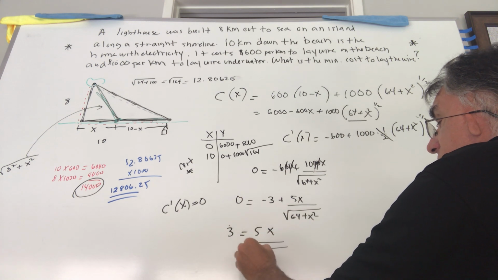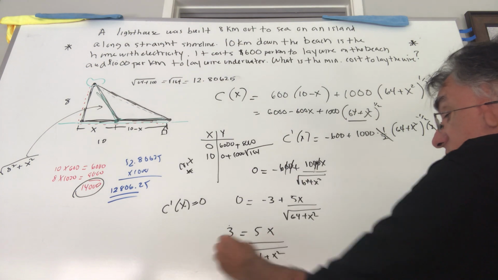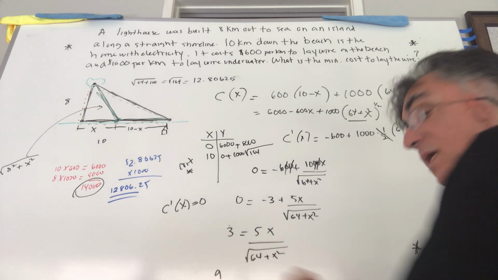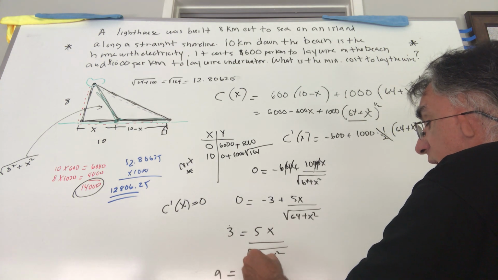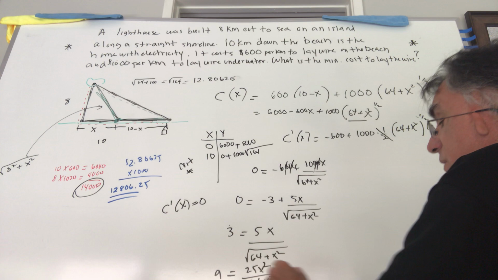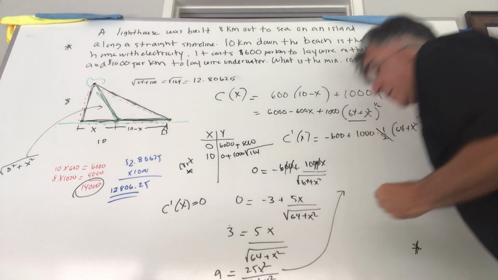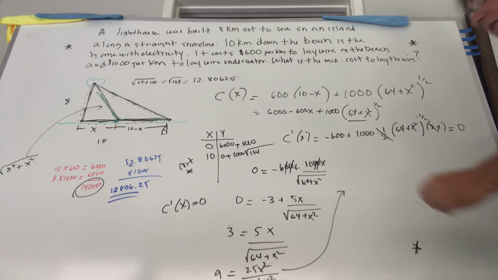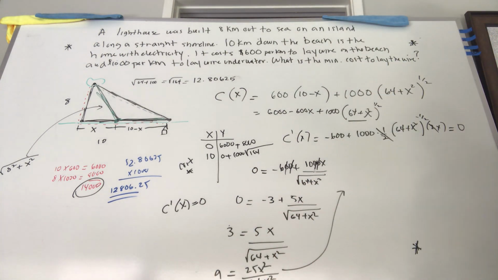Square root of 64 plus x squared. Now the trick here is to square both sides. 9 equals 25x squared divided by 64 plus x squared. Now I'm running out of room, so I'm going to come over here. Cross multiply this over to this side. Now don't multiply the 9 times the 64. If you have a calculator, you can do it, but you're wasting your time.